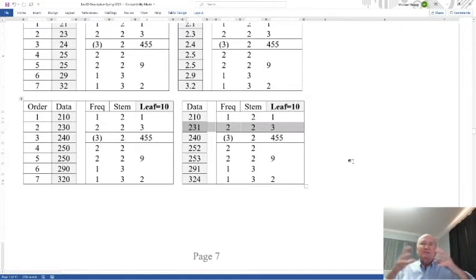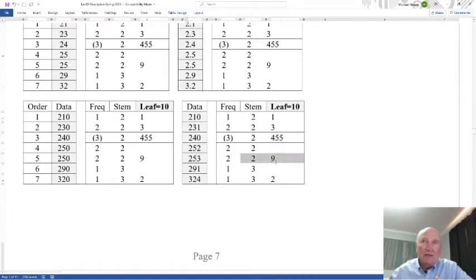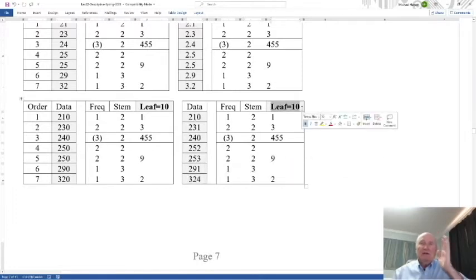But it represents the content or the information in that number that's valuable at this leaf of 10 level of discrimination. So 455, 240, 252, 253. And then 290, 291, 320, 324. So when you have a leaf of 10, then everything below that in the units digit on down is pretty much ignored or truncated. Okay?